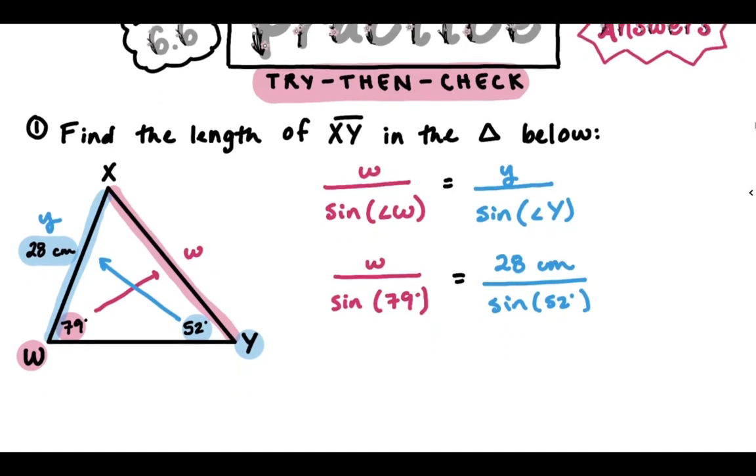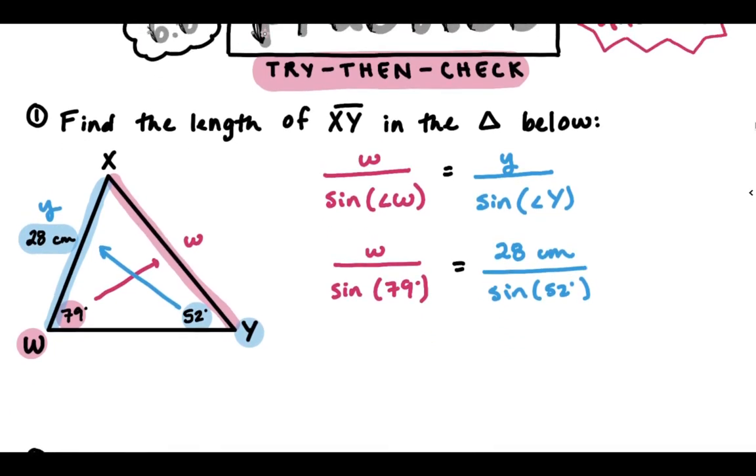Okay, and now we're just solving for little w. The next thing I'm going to do in that solving process is turn my trig values into decimals using the calculator, and then rewrite those as decimals.